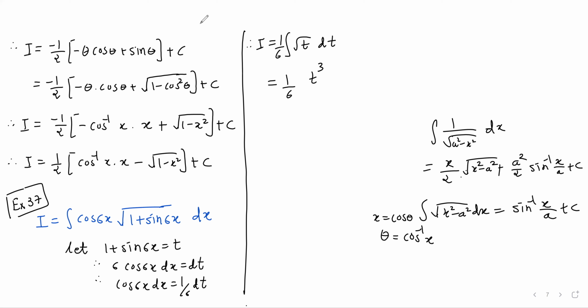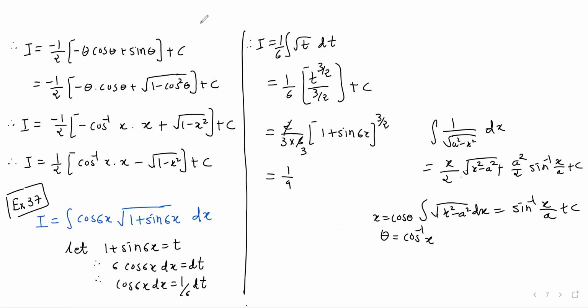So t raised to 3 by 2 upon 3 by 2 plus c. So 2 upon 3 into 6. T is replaced with 1 plus sin 6x whole raised to 3 by 2. Again 3. So 1 upon 9, 1 plus sin 6x raised to 3 by 2 plus c.